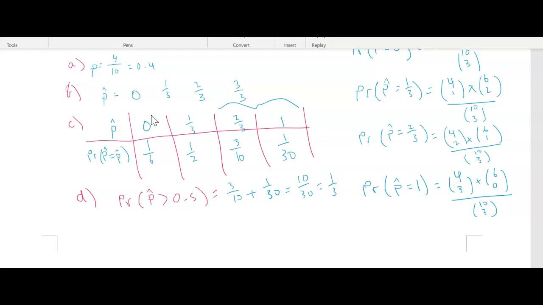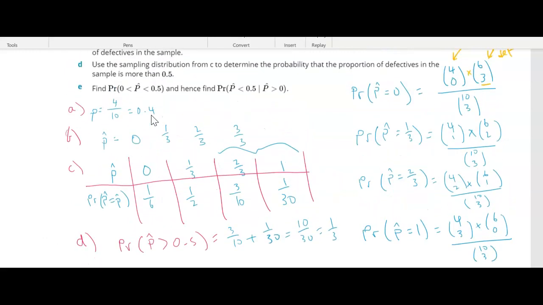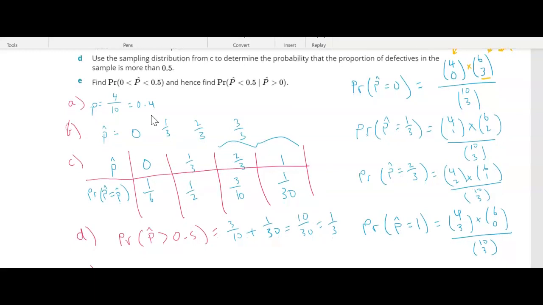All right, and E, sorry, I feel like I'm working quickly, but we did that in the previous question. This time we're looking at between 0 and 0.5, so P is greater than 0 but less than 0.5.